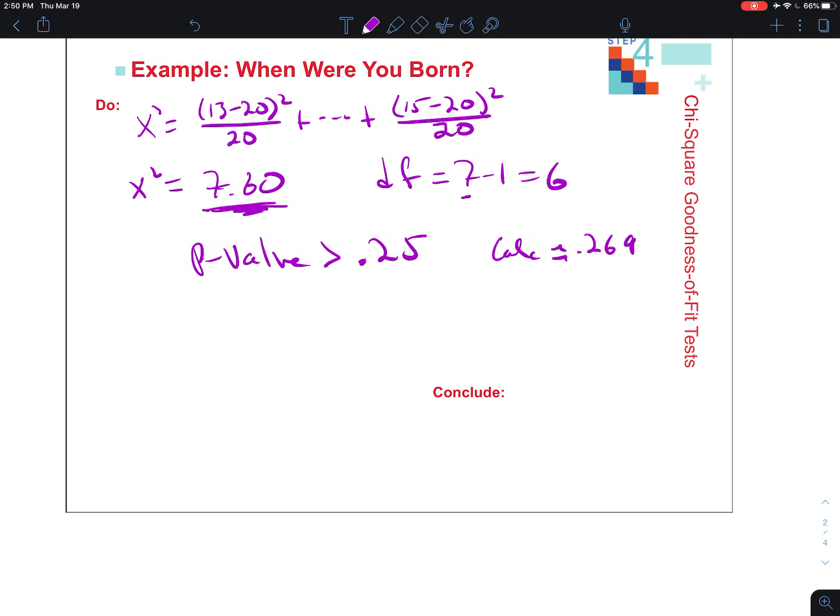In either case, the p-value is greater than alpha, any reasonable alpha, therefore we fail to reject the null hypothesis.